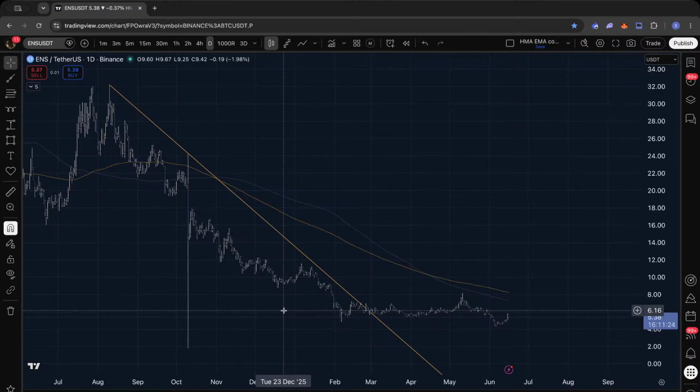That's why I'm not trying to add risk on the altcoin side for my personal portfolio. We just have lower lows and lower highs. Just look at daily, look at weekly.